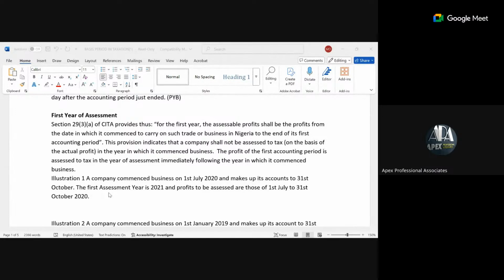Yeah, please, it's loading. Okay, you can check your respective groups now. Thank you. Okay, great.